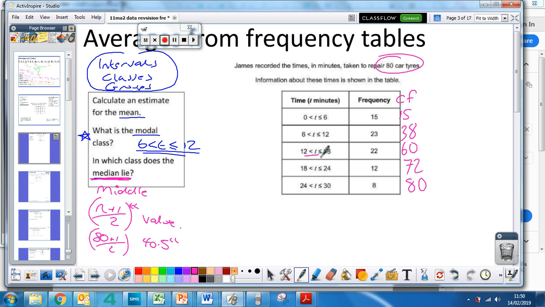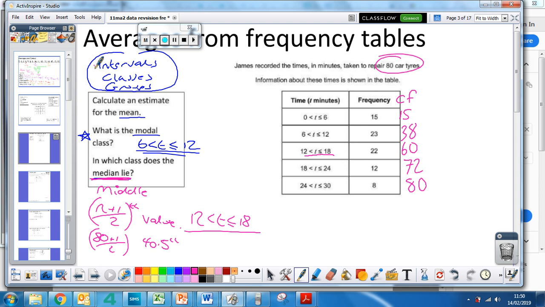So this is where our median lies. It is 12 to 18 that is the class or the group or the interval that contains the median. It's somewhere between 12 and 18. And that's the sort of question you get asked a lot at GCSE. Where is the median? Not what is, but where is the median?